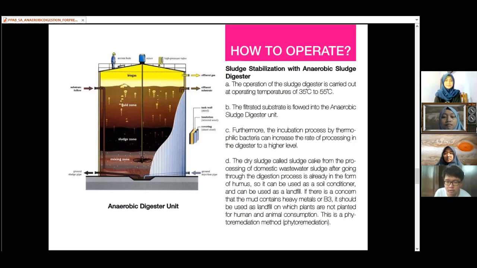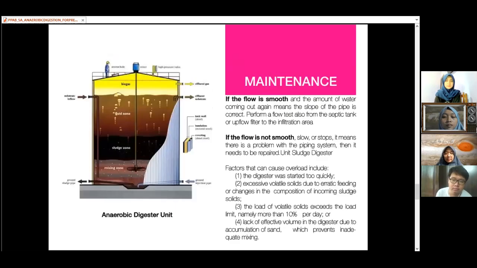If there is a concern that the sludge contains heavy metals or batteries, it should be used as landfill on which plants are not planned for human and animal consumption. This is a remediation method. And for the maintenance, there are two conditions.